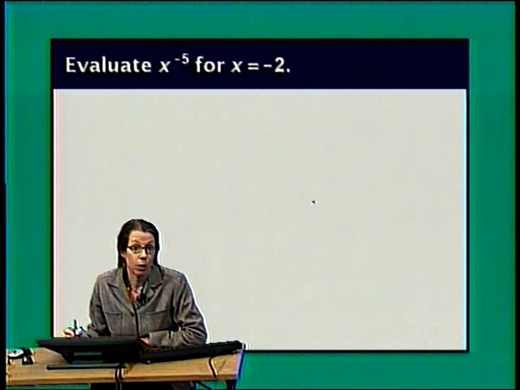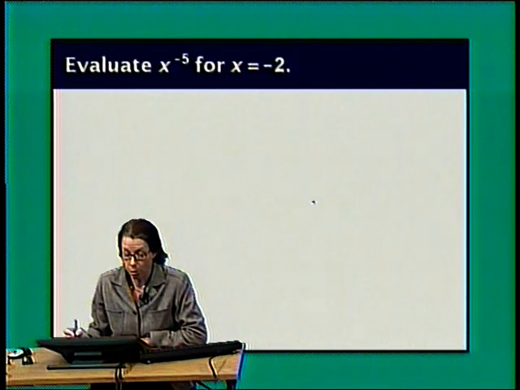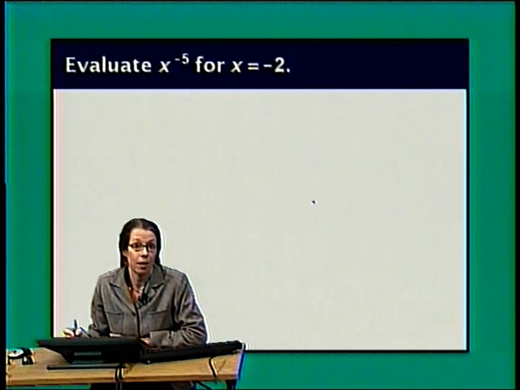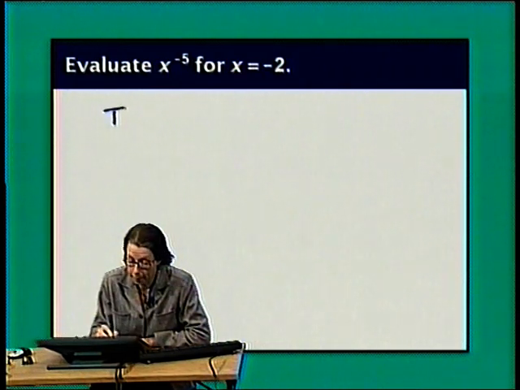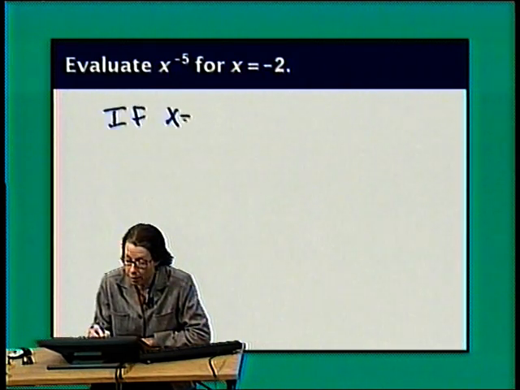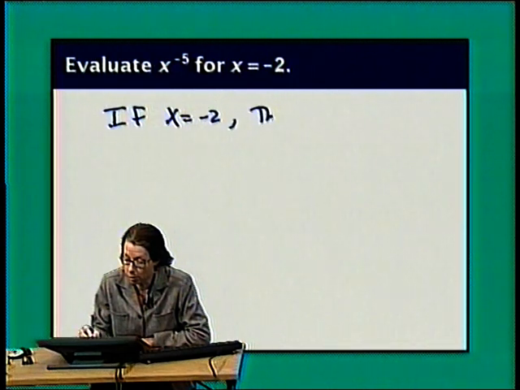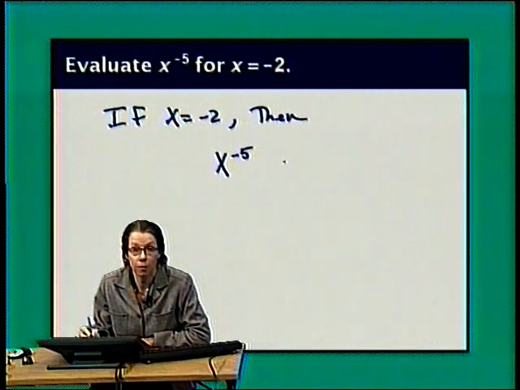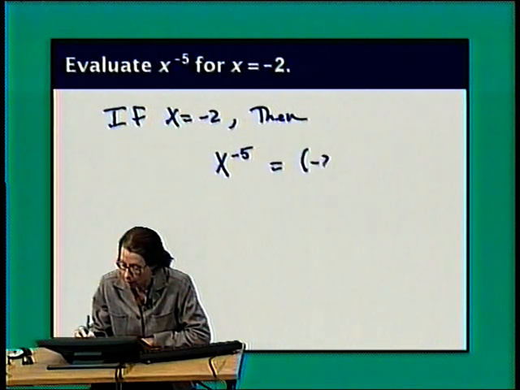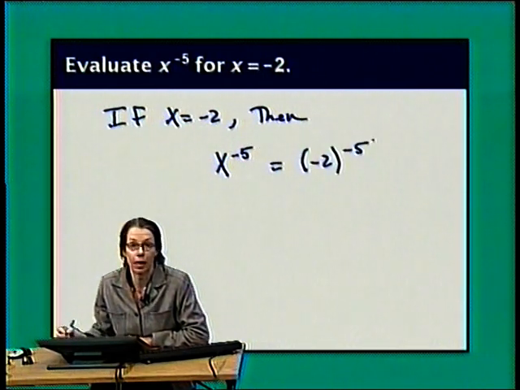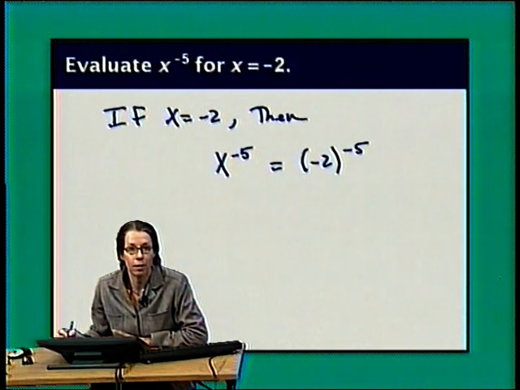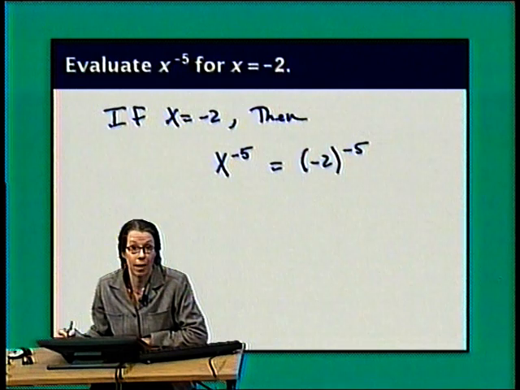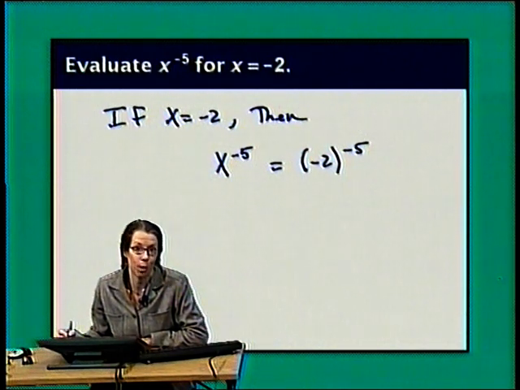Now we're going to evaluate some algebraic expressions. We're asked to evaluate x raised to the -5 power for x equals -2. So if x equals -2, then the algebraic expression x to the -5 equals -2 raised to the -5 power. Now before I go any further, we've gotten into the habit of writing our bases, if they're negative, in parentheses.